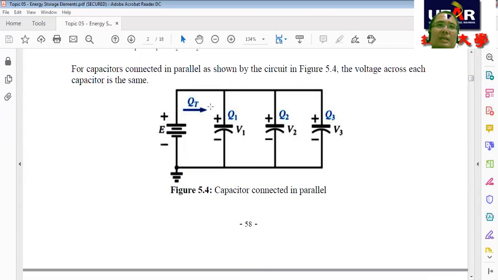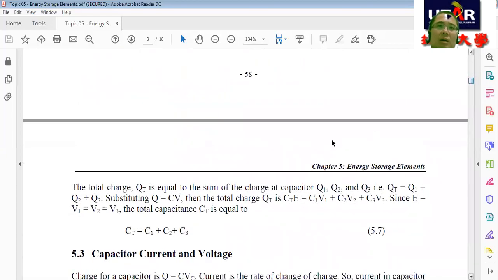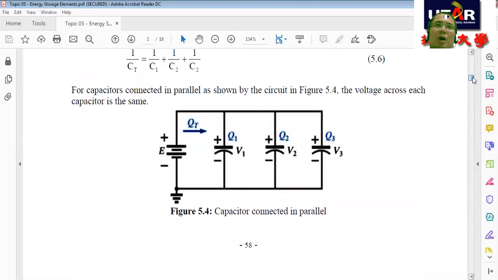The total current is equal to the sum of these three branch currents. So the total charge is equal to the sum of the charges of the capacitors, QT equals Q1 plus Q2 plus Q3. The total current is split into three branches according to Kirchhoff's current law, and then combines back to become the total current.